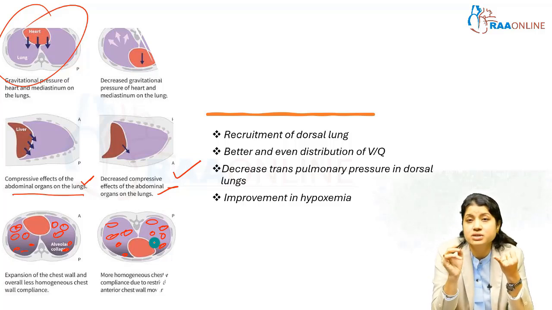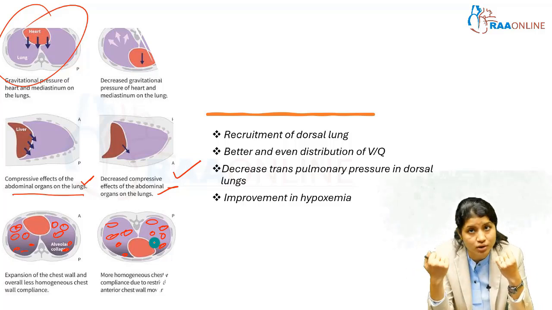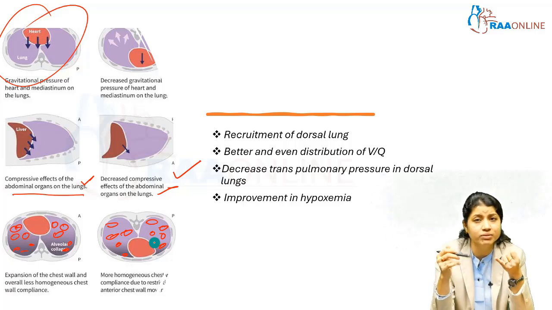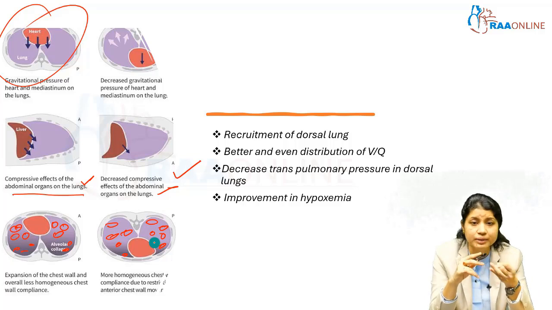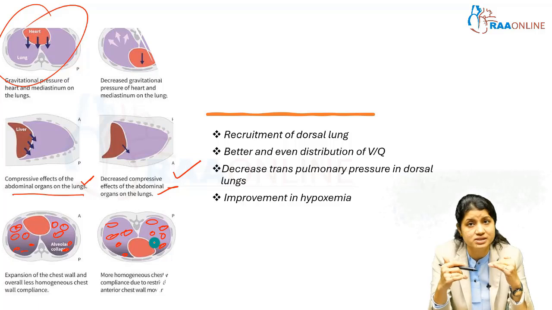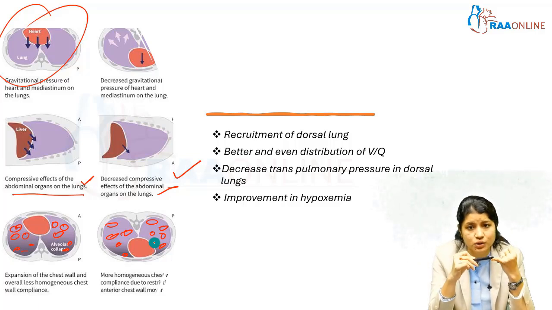So the most important thing which is happening when you prone a patient is recruitment of your dorsal lung. The dorsal lung, which is not getting recruited even by n number of recruitment maneuvers with higher PEEP, gets recruited very well now, and homogeneously compared to your ventral part of the lung.